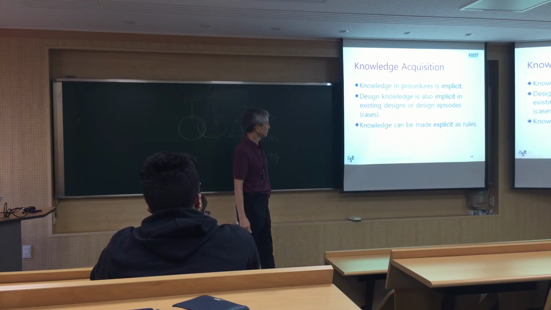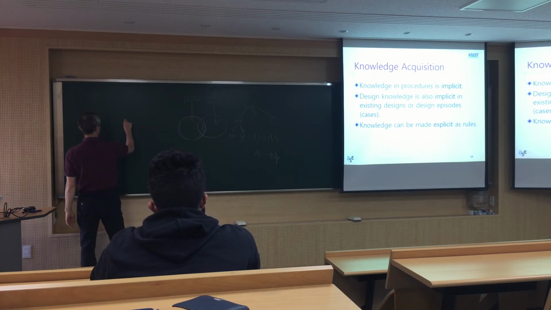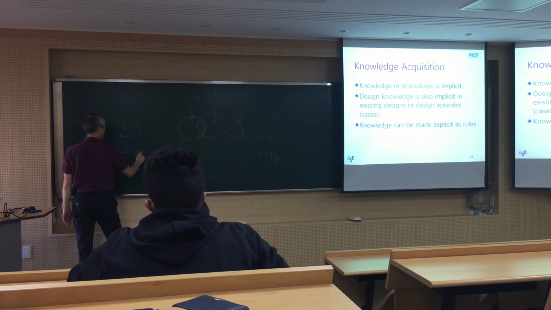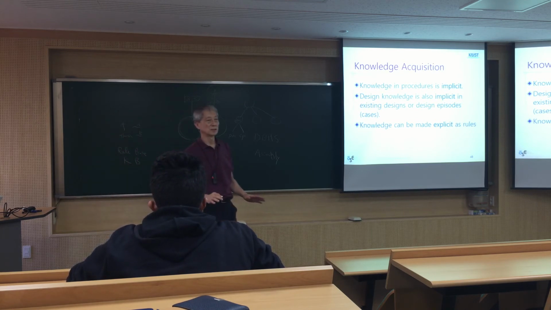Knowledge can be made explicit as rules. Rules means there are if-then rules. Right? If, and then. We call this a rule. Okay. So it's a rule. I also talk about rule base or knowledge base. So this class is about knowledge base design.